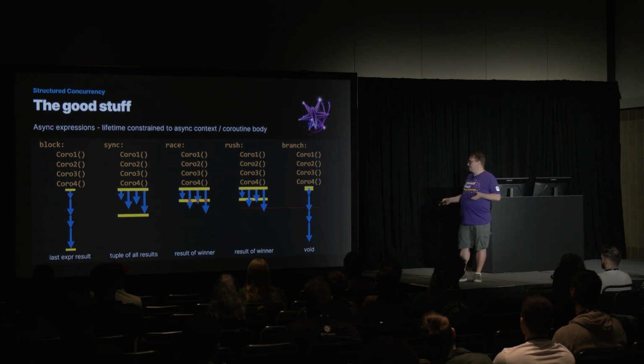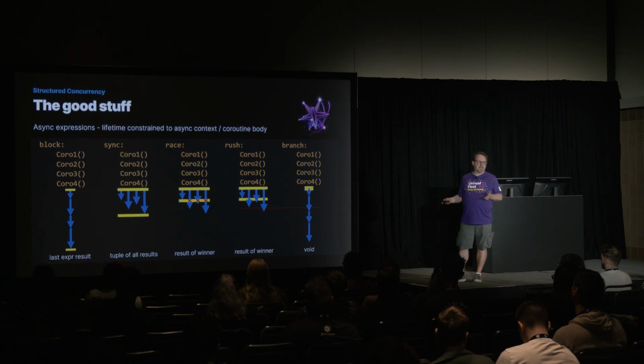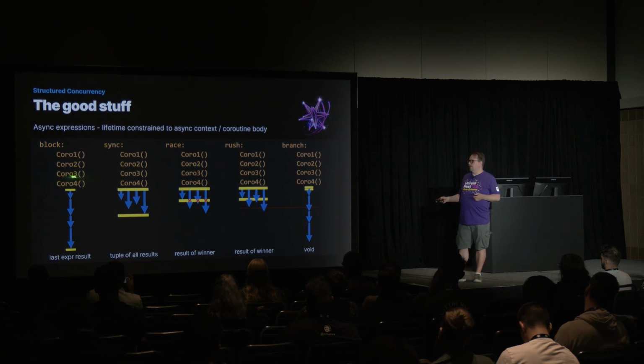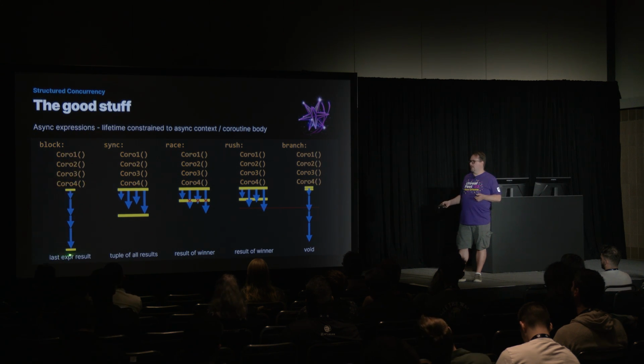So the other thing to consider is each of these different commands, they all have a result. So in Verse, everything that you have is an expression, and every expression has a result. So for a block, the last expression in the block, whatever it had as a result, is automatically returned.